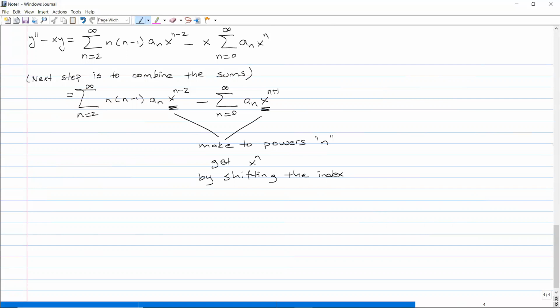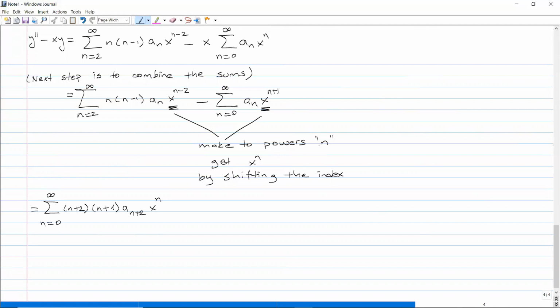Making this power to be n means shifting the index by 2 units up. That means shifting the starting point of your index 2 units down. So in the first sum, instead of starting from 2, you start from 0. And inside the sum, instead of n, you're going to use n plus 2. So a n plus 2, and this is going to be x to the n.